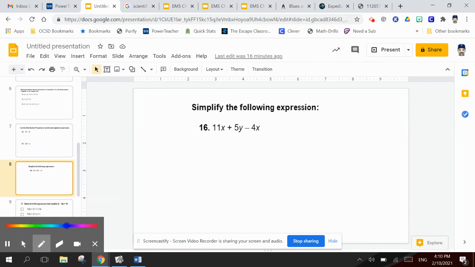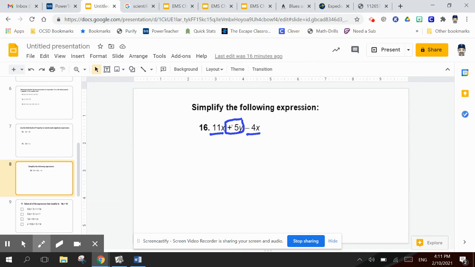Number 16 says to simplify the following expressions. So again, here's where I want to underline and circle the different terms in this expression. In this case, I have 11x, I have 5y, and I have minus 4x. Notice how I underlined the x variable and put a box around the y variable because I have to keep the two variables separate.